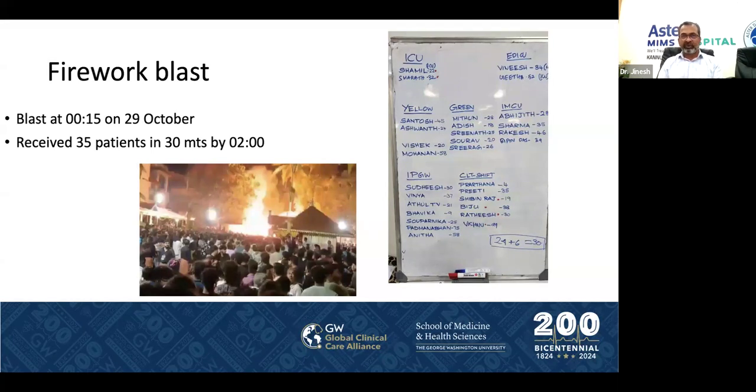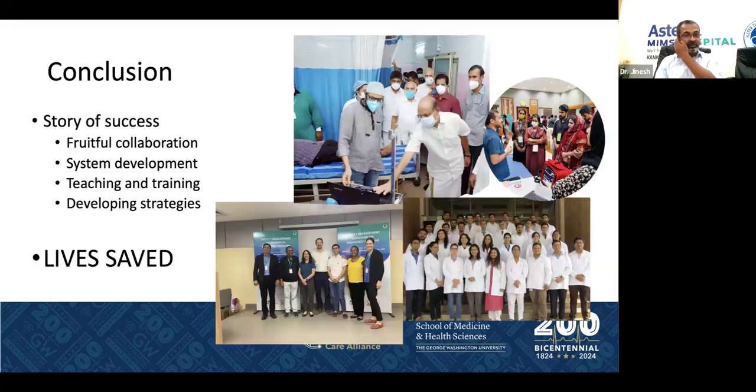By morning, when the press people came to record those things, there was not even a single patient in the emergency medicine department. All were properly taken care of in the ICUs, in the wards, and a few people had to be transported to Calicut for particular needs. Next slide, please.